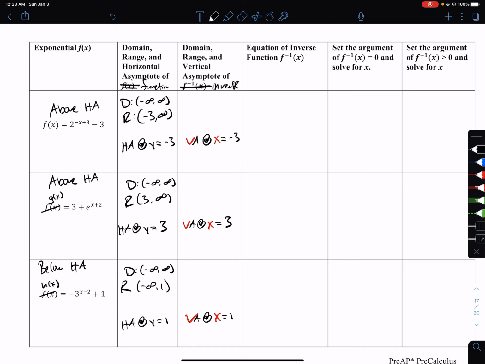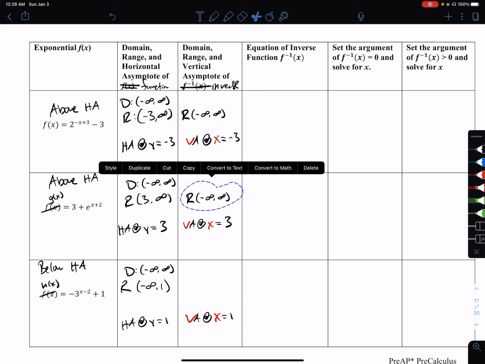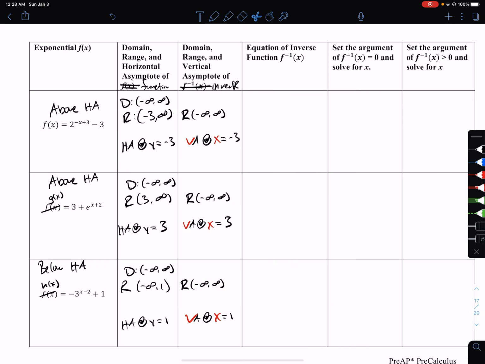The range for every logarithmic function is -infinity to infinity. Now that's easy to know because, once again, the domain for a function becomes the range for the inverse.